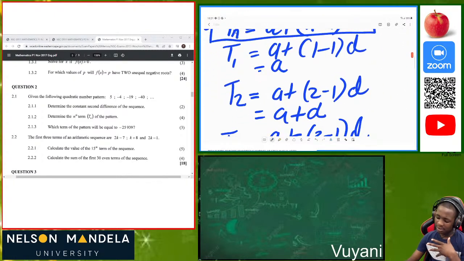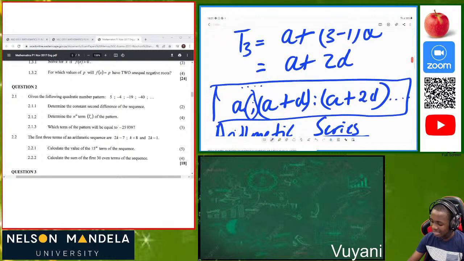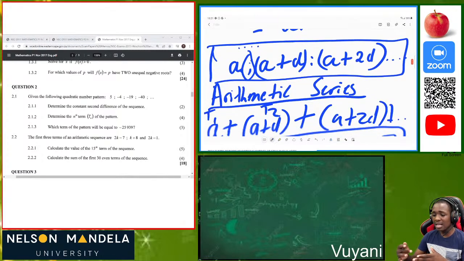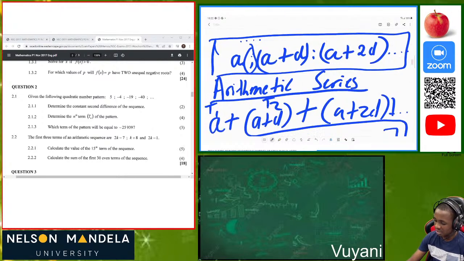And now we have arithmetic series, and a series is the sum of the arithmetic sequence. What was happening in the sequence, now we are summing it up. It's a continuation of the process of the sequences.